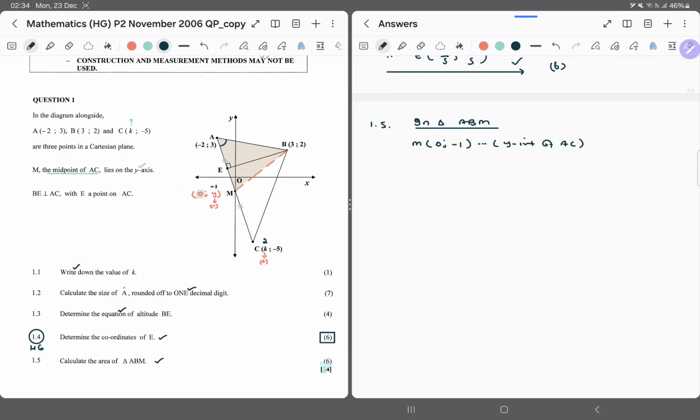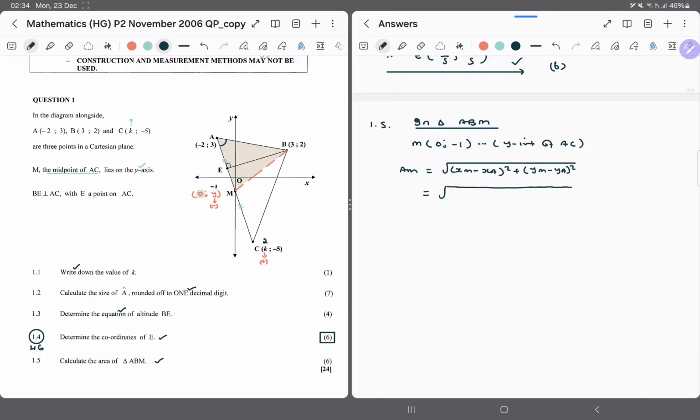What are we going to do next? Because, I mean, remember, for 6 marks, guys, we need to put a proper argument. We can't be careless. Now, we want to find AM. AM is going to be equal to, as we know, the square root of x at M minus x at A, all squared, plus y at M minus y at A, all squared.